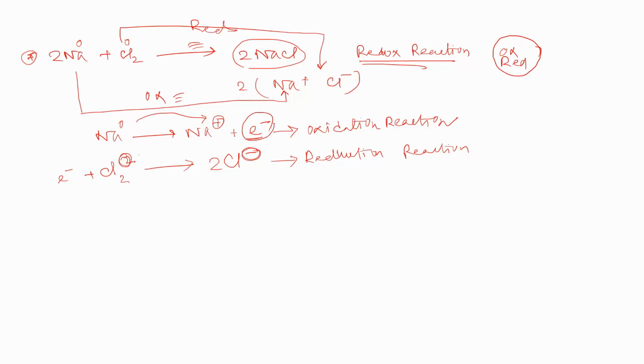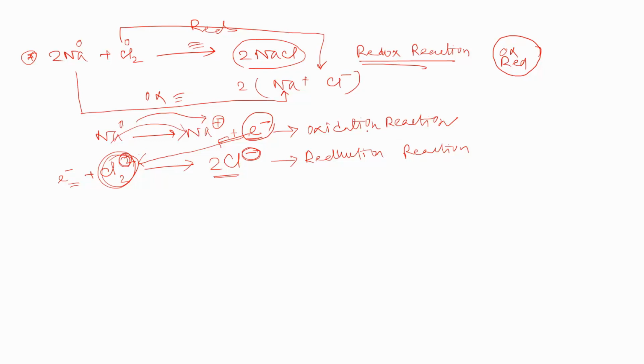This electron is going to chlorine. We have seen that chlorine is gaining one electron. So from where is chlorine gaining the one electron? When sodium is transferred to sodium +1, it loses one electron. So this one electron is transferred to chlorine and it forms the anion.